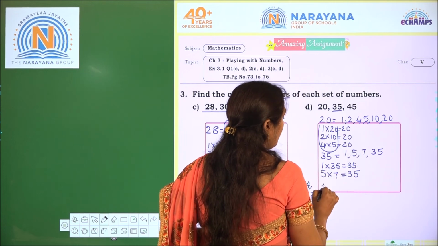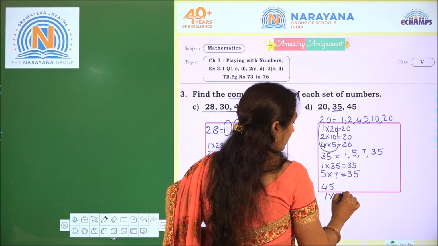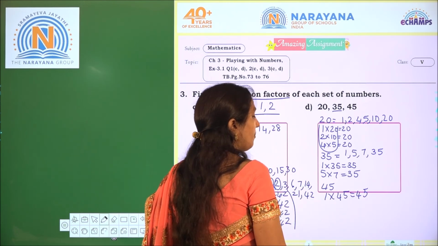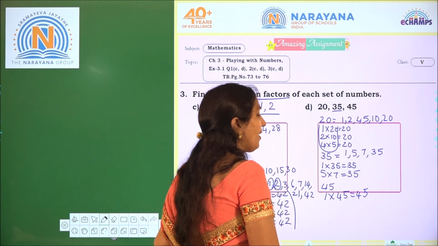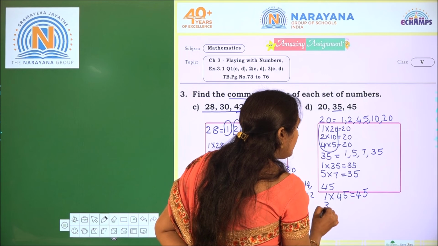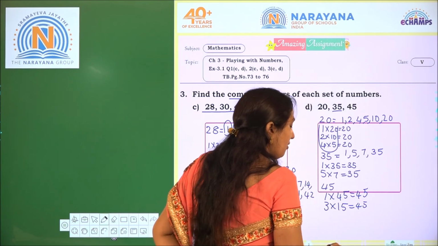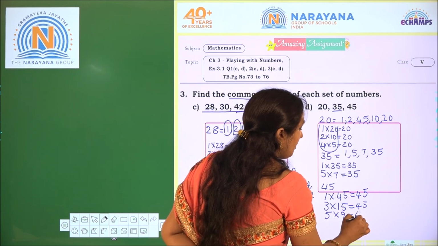Now coming to 45. 1 into 45 is 45, because 1 is a factor of every number. In the 2 table, no, 2 is not a factor of 45. In 3, yes, 3 15s are 45. In the 4 table, no. 5 9s are 45.